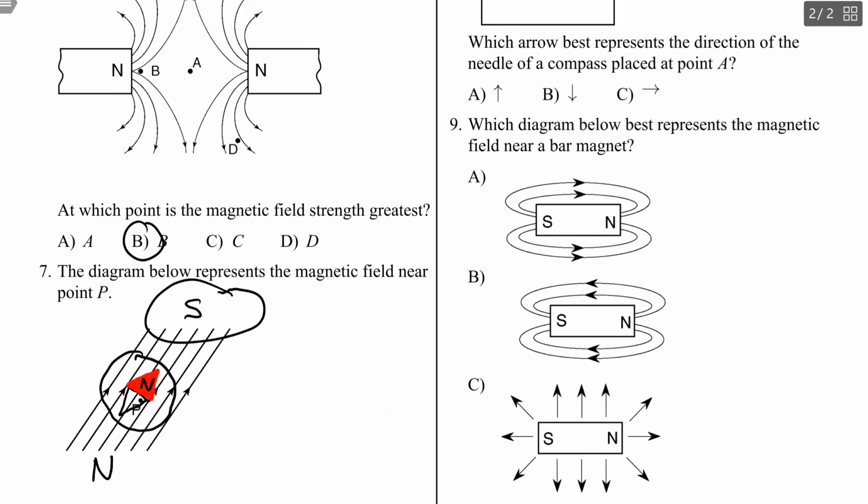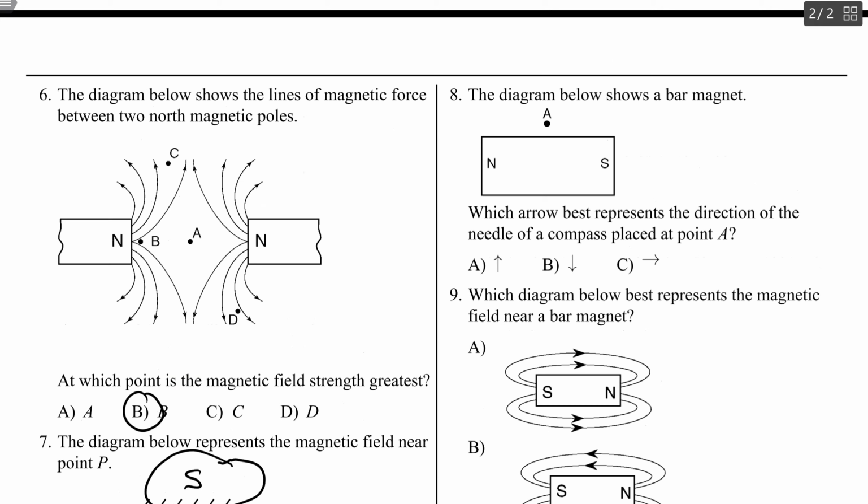Hopefully you could determine that the compass needle itself will be aligned with the field this way. One side's going to be attracted towards the north, one side towards the south. So the southern side of the needle will be attracted towards the north, and the northern side of the compass needle will be attracted towards the south. And that's what we're really looking for: what direction is north going to face?